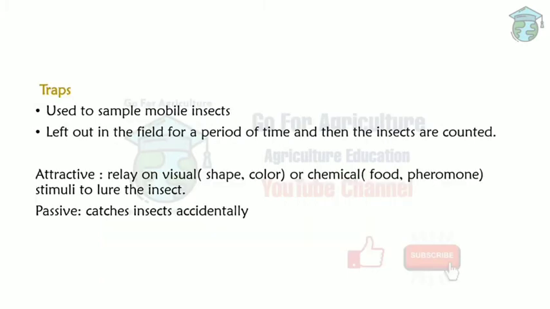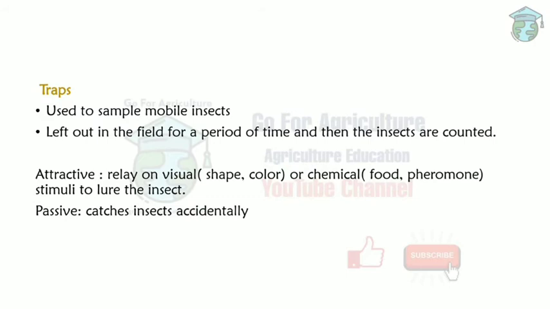Next is traps. Traps are used to sample mobile insects. There are two kinds of traps. One is attractive traps and the second is passive traps. Attractive traps rely on visual appearance or chemical stimuli. Visual appearance means they are really attractive in color or shape, which attracts the insects.